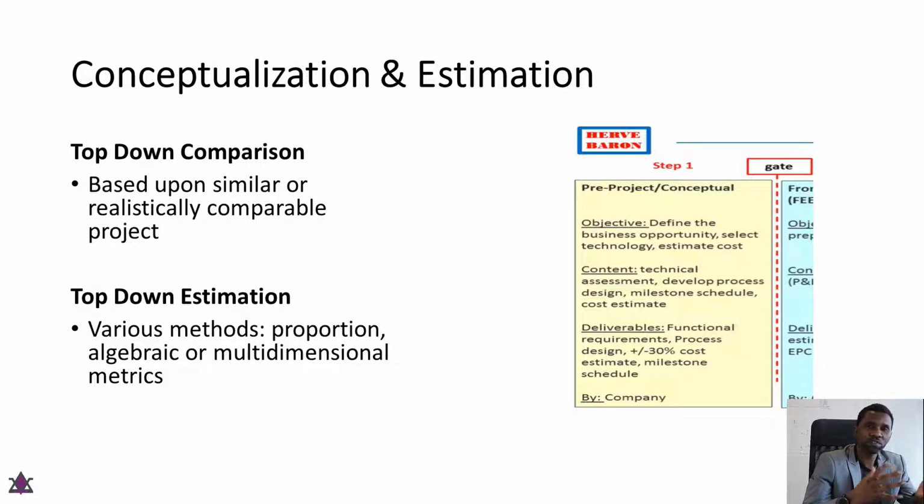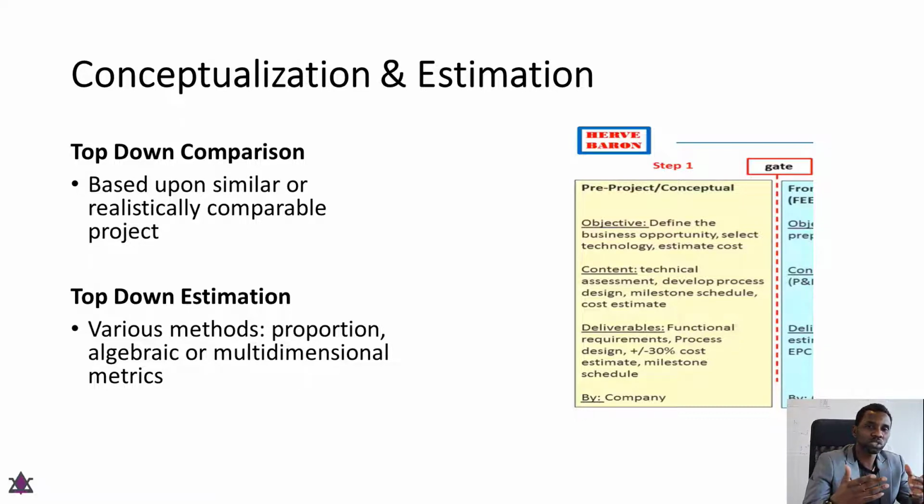But there are various methods for proportion, algebraic or multidimensional metrics. For example, you could be using several attributes of the similar facility that you want to compare to get your own estimate, such as the floor dimension, the height, the number of equipment, probably the capacity, and several other factors.